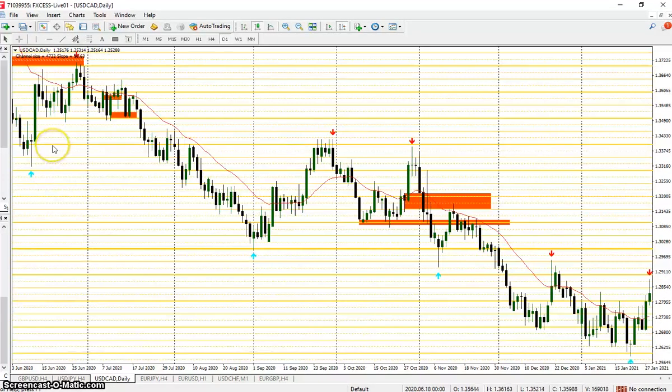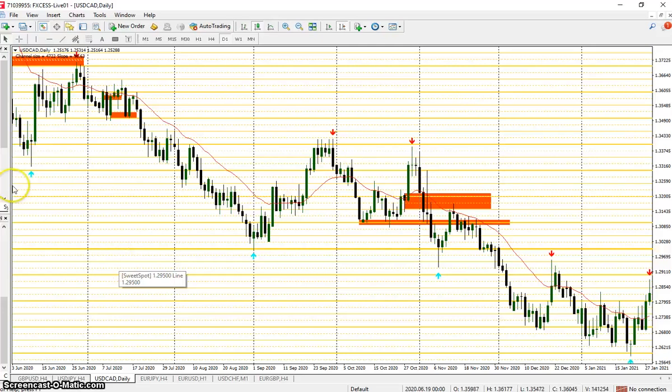Look at this level, 3400. This 3400 was formerly a support. Price went up, broke that support, went back up. So these are levels. You need to be working with levels. These are the indicators I use. Sweet spot gives me major levels in the market, and that is what you should also be doing.